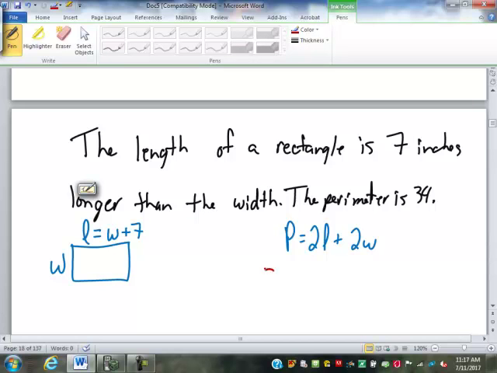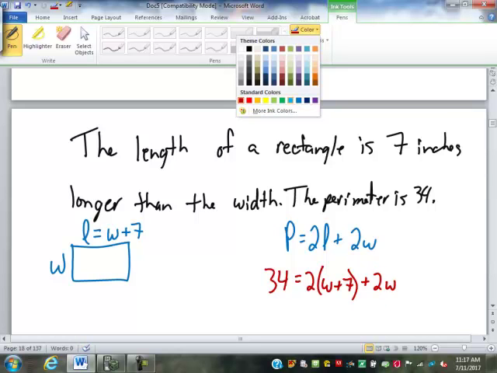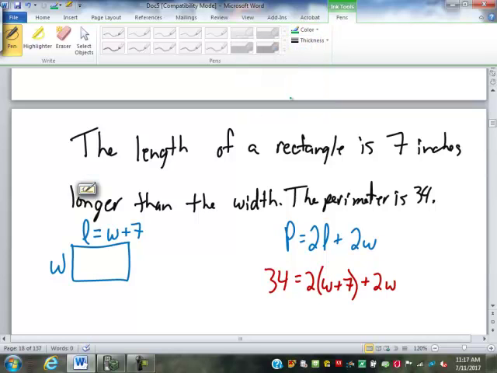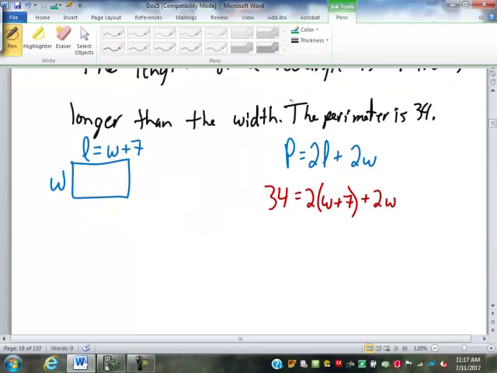Well, P is 34. 2L becomes 2 times W plus 7, since W plus 7 goes in for L, plus 2W. Multiply the 2 by the W and the 7. So that's 2W plus 14, right?